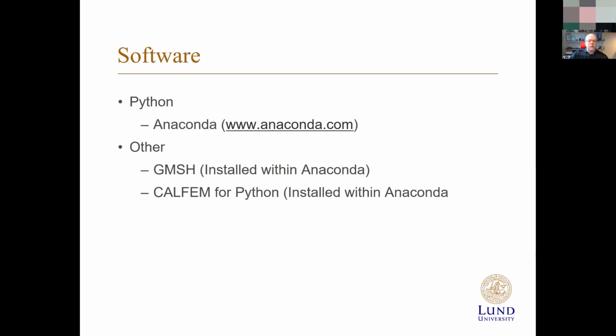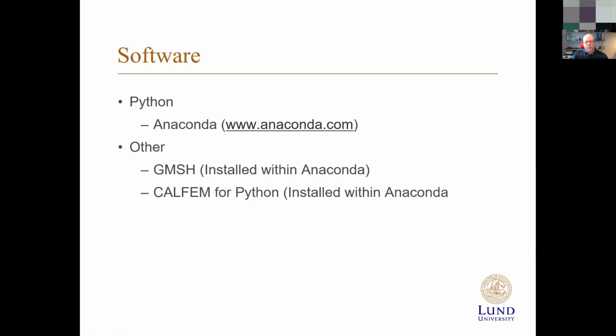We are using Python, and preferably you should install the Python distribution that comes with Anaconda. It's a commercial Python distribution, but it's free for academic use. And it contains most of the packages you will require for this course.